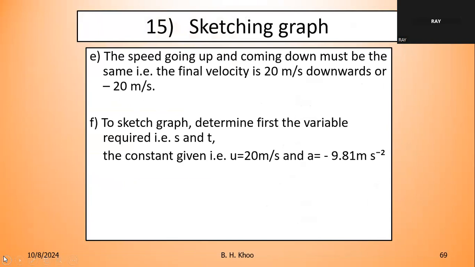Right. When you are asked to sketch, first know that you want S and T, the displacement time graph. S is the displacement, T is the time. What is given is 20 going up, and acceleration is minus 9.81 going down. We use the formula.